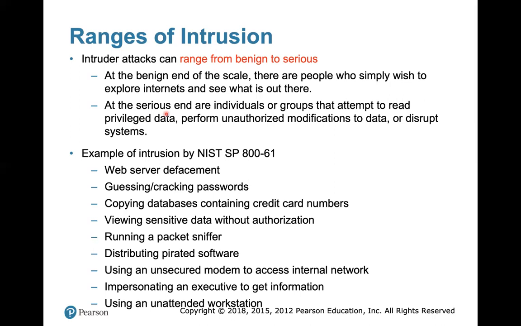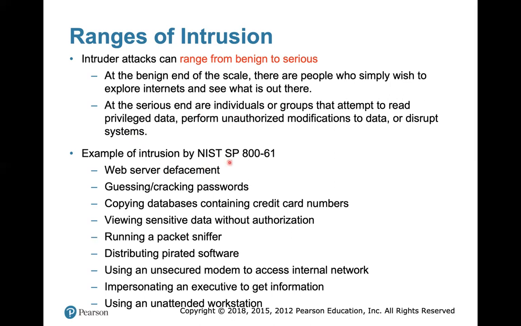On the serious side, of course, we have individuals or groups that are skillful and knowledgeable, and they directly target your computer, and they want to get access or privileged access to some data or some services or some functions.